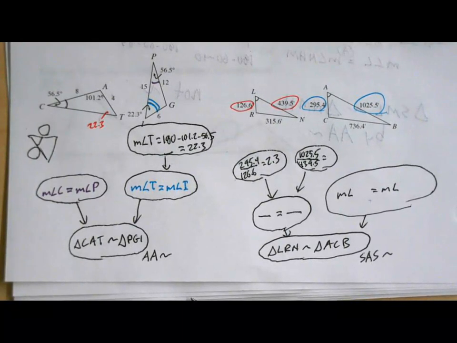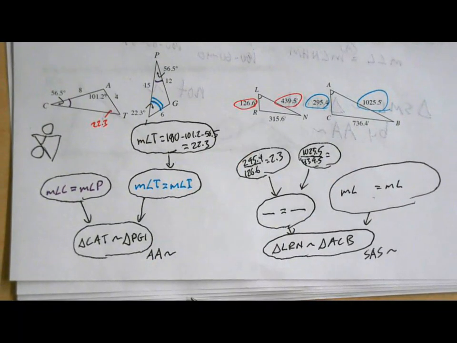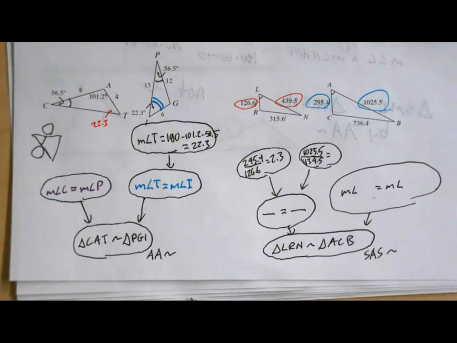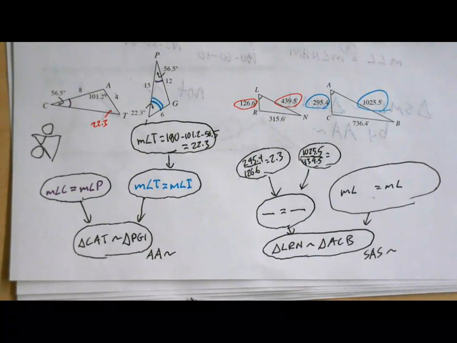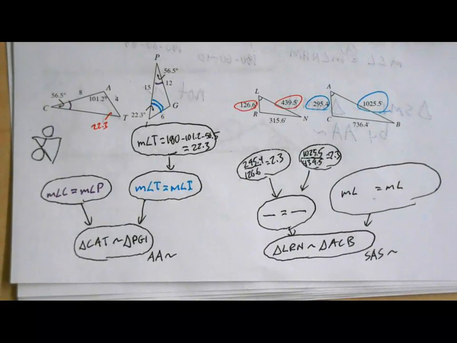But you've got to have the same number in each one, and you should be matching up corresponding sides when you're building those ratios. I'm hoping this also comes out to 2.3. Yay, it does. 2.3 repeating for both of those, so that's good.